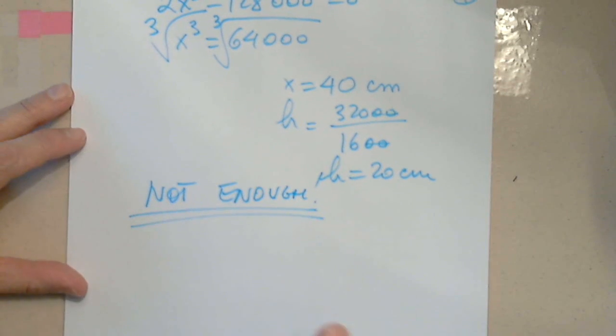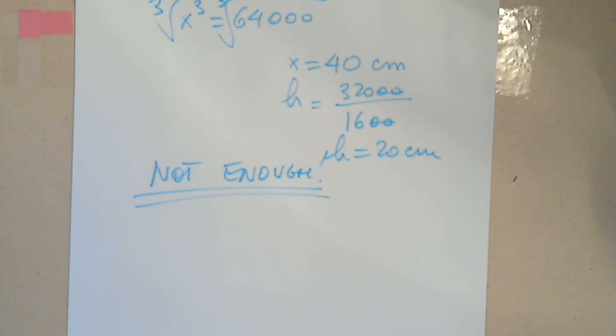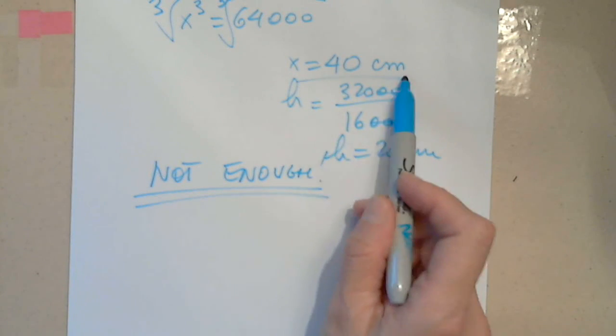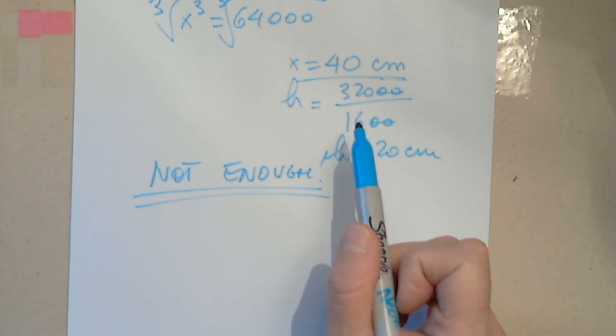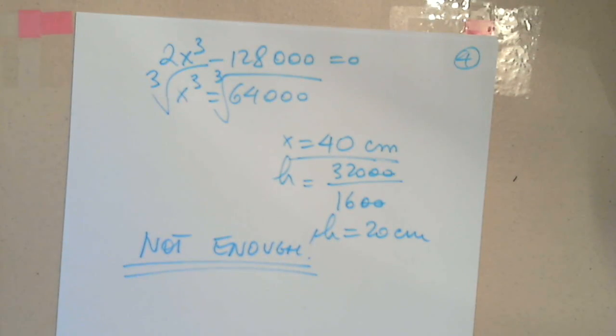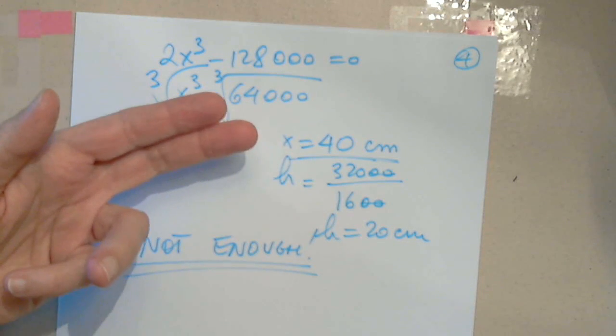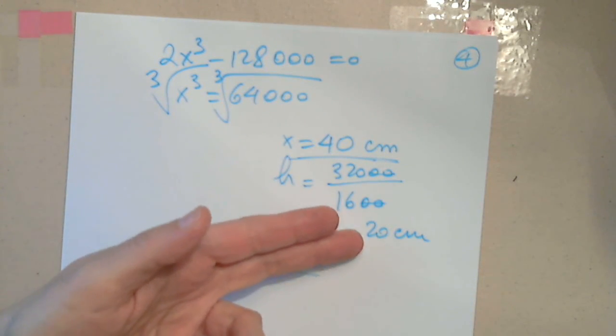And this is crucial right now, extremely important. Please understand that there is no guarantee that this gives a minimum. I haven't proved anything. I only said that the critical number for the function is 40. If x is 40, then h is 20.